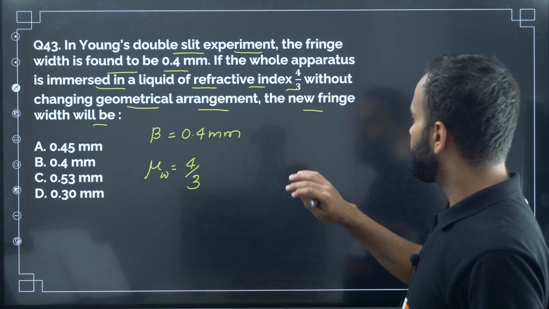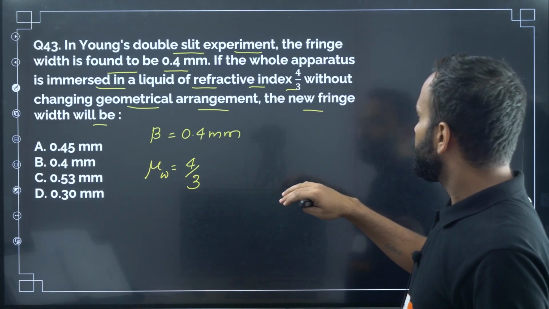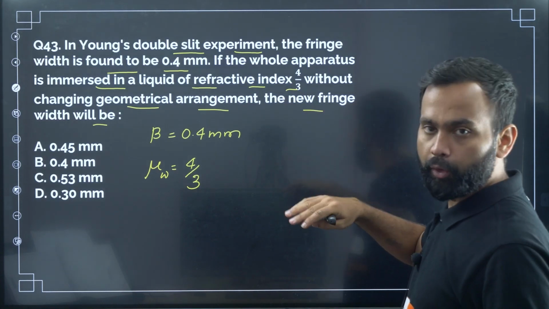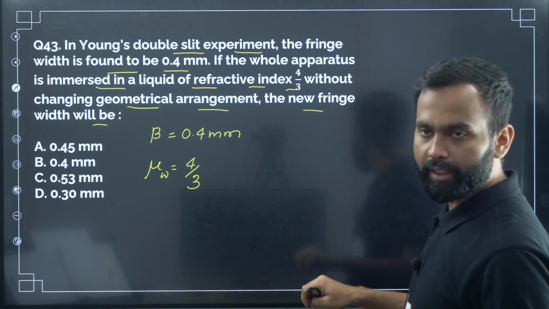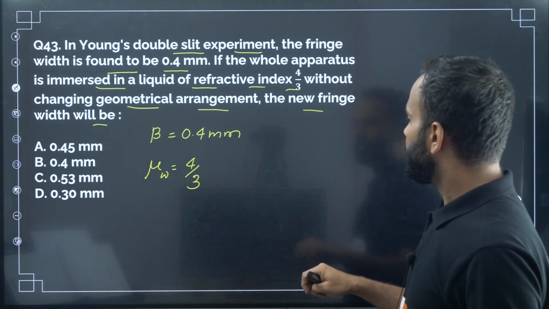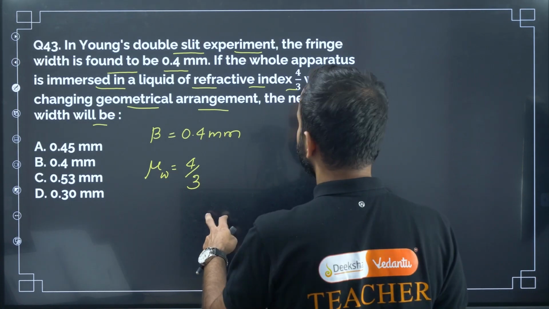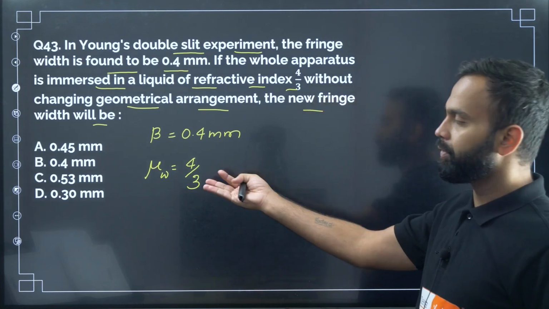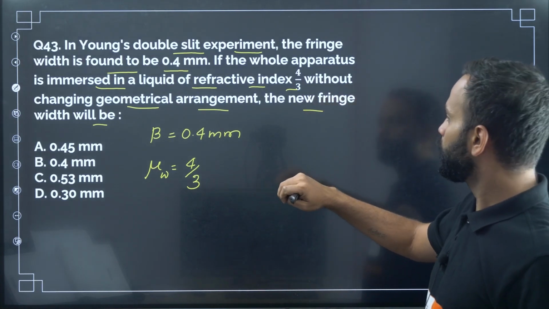We have immersed the whole apparatus in a liquid of refractive index 4 by 3. Here the refractive index of water is 4 by 3, that's why I wrote mu W.